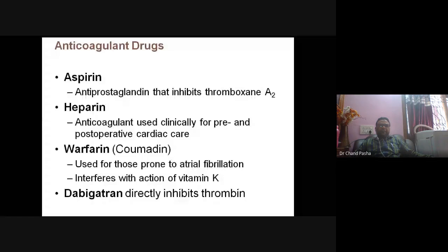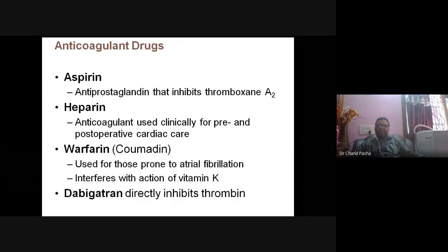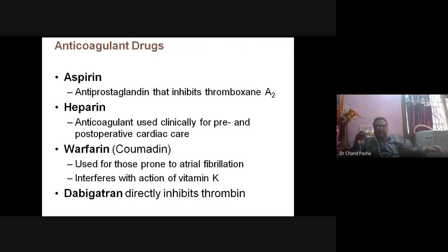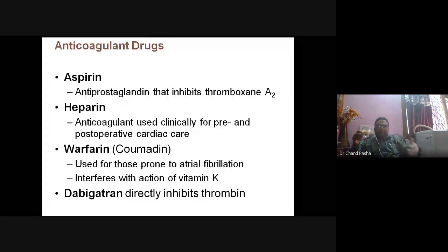And warfarin is an organic compound, a safe compound, but very expensive, used for those who are prone to arterial fibrillation. Fibrillation is minute damage in arteries. Arterial damage is very difficult; you need to stitch it. If somebody makes a suicide attempt by cutting their arteries, it will not be healed by contraction, spasm, and the clotting process.